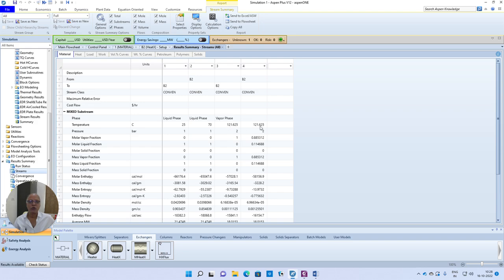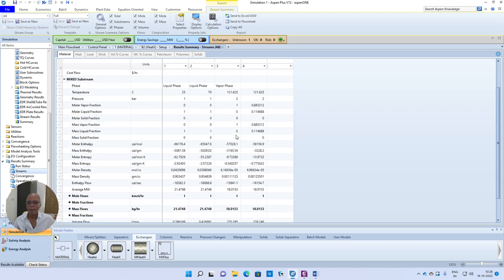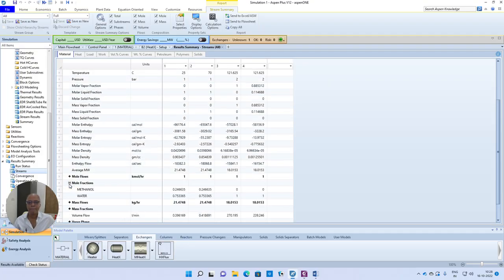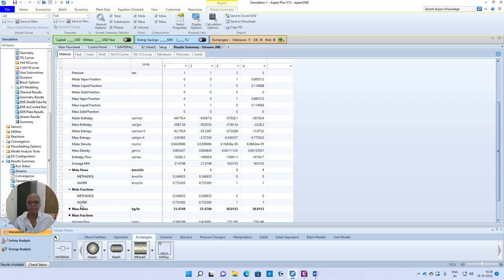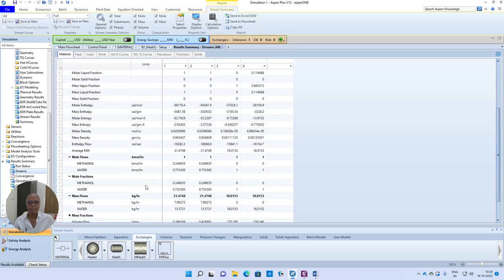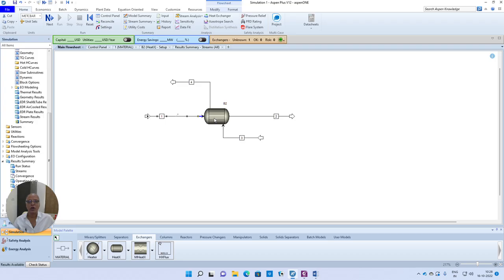That means we are using too much flow rate at this high temperature. So from this, you can also see the other results.